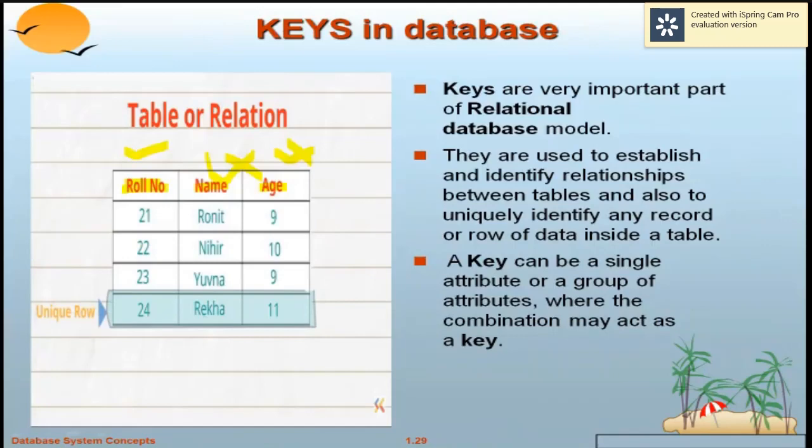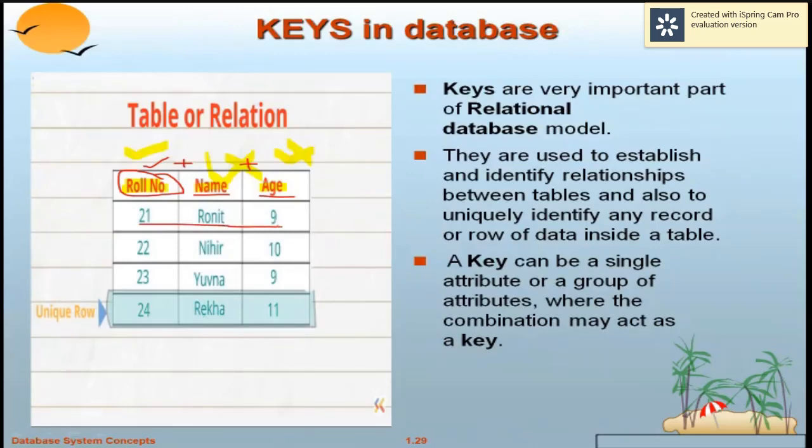Now, what about the combination of roll number, name, and age? Of course, roll number is unique. Don't you think the combination is unique? Yes. The combination of other attributes along with the unique attribute also makes the complete data unique.